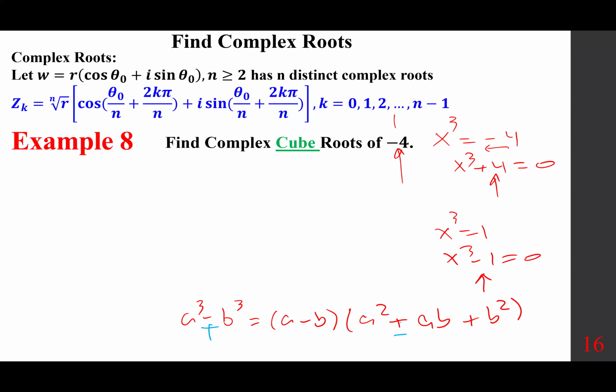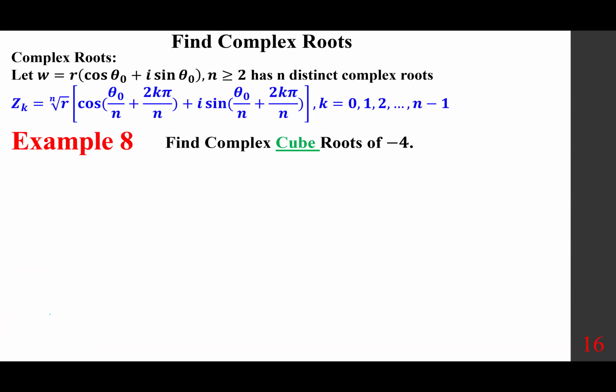Now we want the cube roots of negative 4, and we are going to rewrite the number negative 4 in the form of r cis theta.